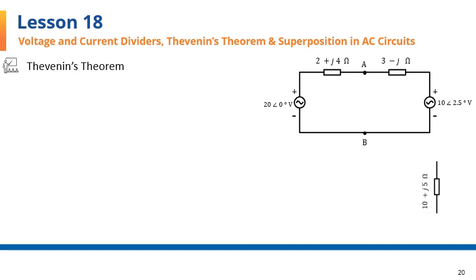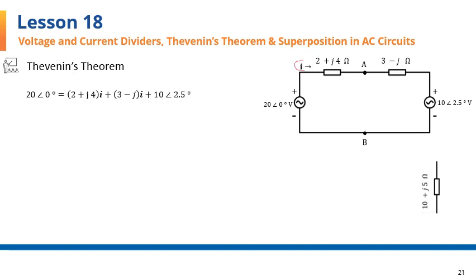Finding the Thevenin equivalent circuit takes place in two steps. First, we need to find the open circuit voltage between points A and B, in other words, VAB. To do this, I'll assume a current of I for the circuit and write the KVL for it.